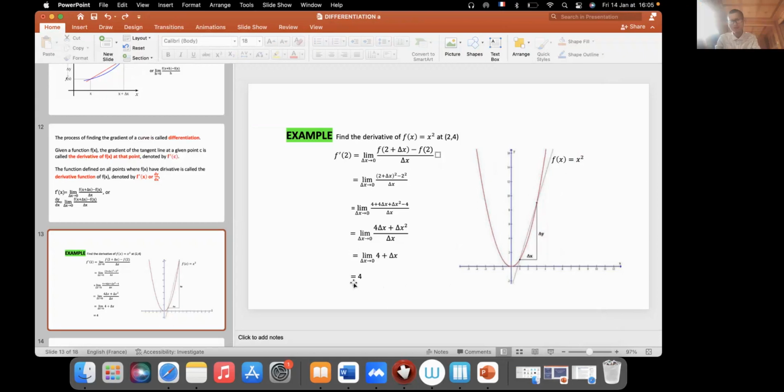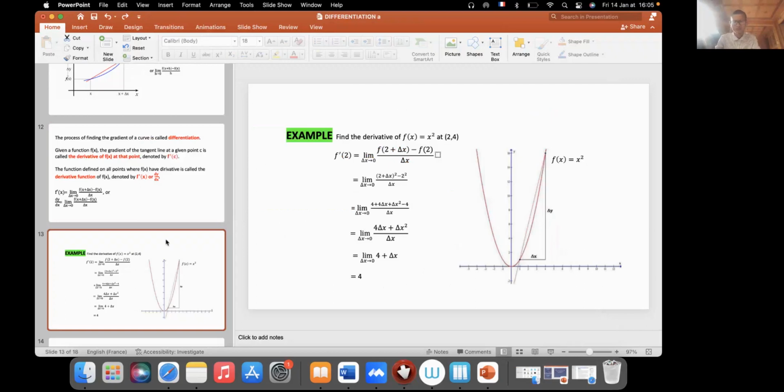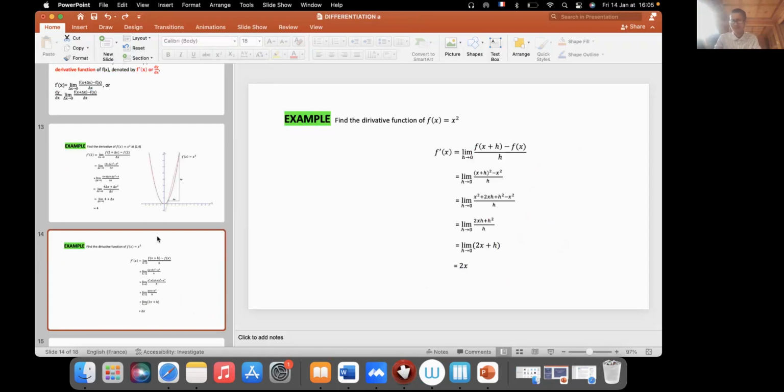So finding the derivative of a function at a point is just using the concept of differentiation, right? Take care that you really understand the two-step process in differentiation.